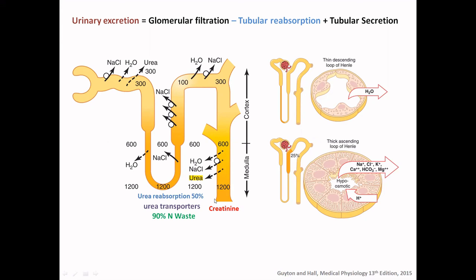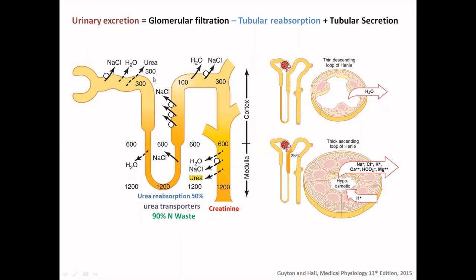Here there is water reabsorption, sodium reabsorption, as well as urea reabsorption. And once you dive down the medulla, with the increase in distance from the cortex, you can see the osmolarity of the medulla increasing. So it is becoming more concentrated.